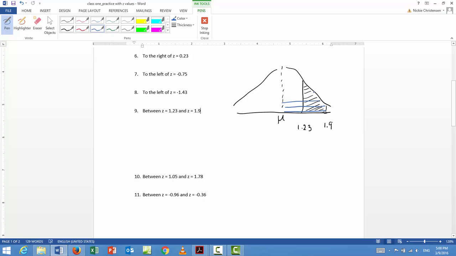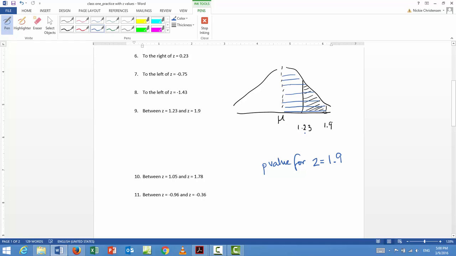I'll just shade that in, widely spaced blue. So that will be the p-value for z equals 1.9. That's too much for the problem. If we use that p-value, it's going to be too big, because we just want this black shaded area.